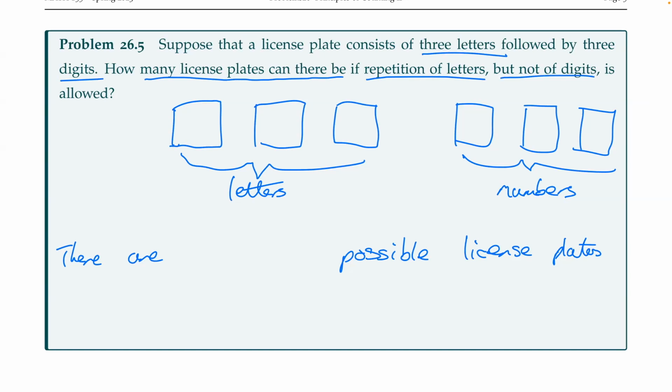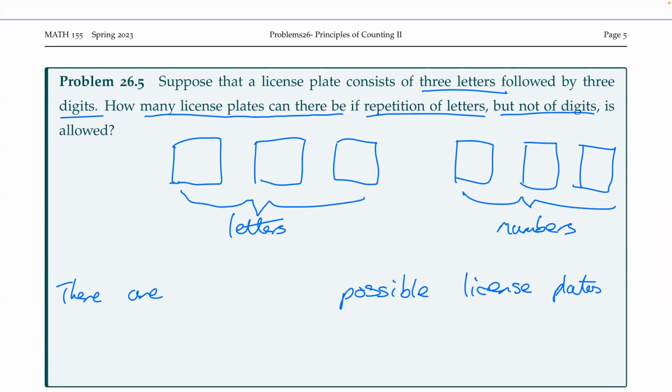So what does that mean for our letters? We can have repetition of letters. What I like to do in these kinds of cases is draw out what it looks like. How many options are there for the first letter? Well, there are 26 options here. We can have repetition, so we can have 26 here, and 26 here.